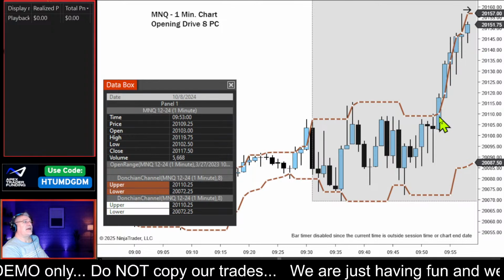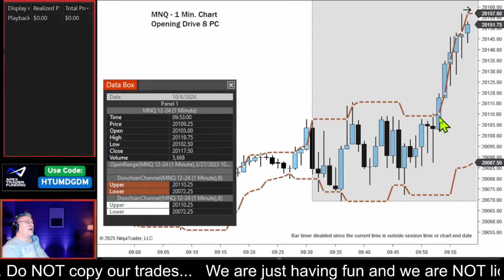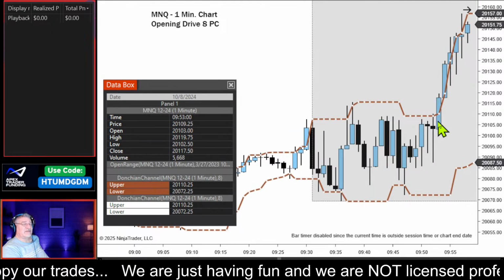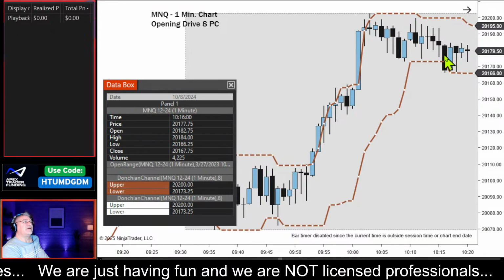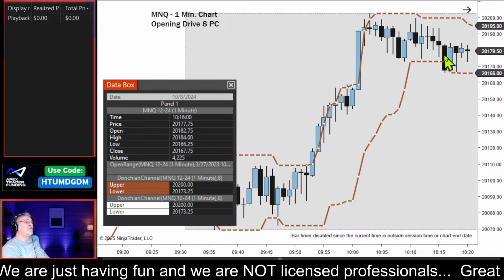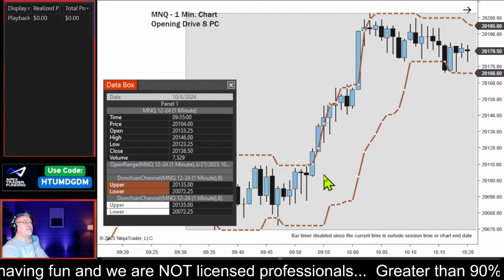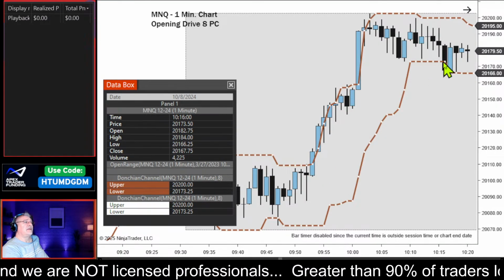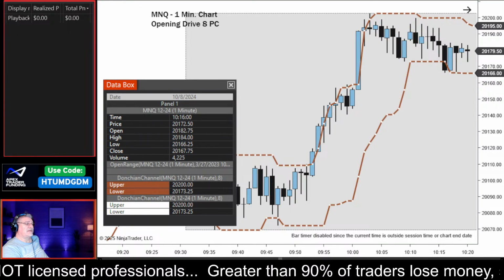We take the trade at 953. We're going long at 20,117.50. And we're covering here at 167.75. Well, let's make it 167.50, easier for the math. 117, 167 is the close. That's 50 points.